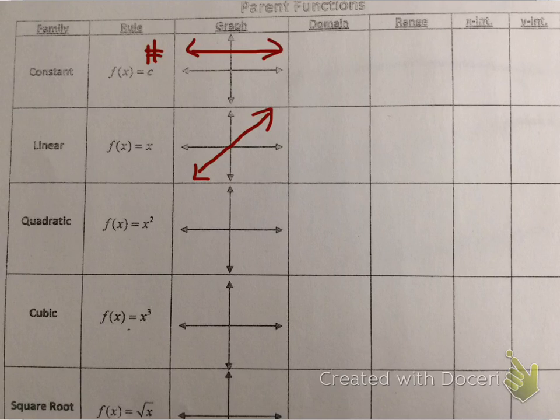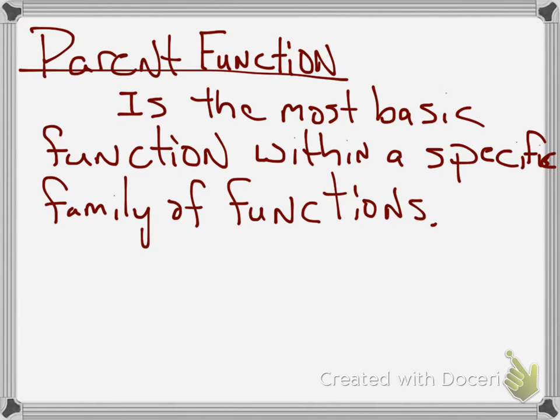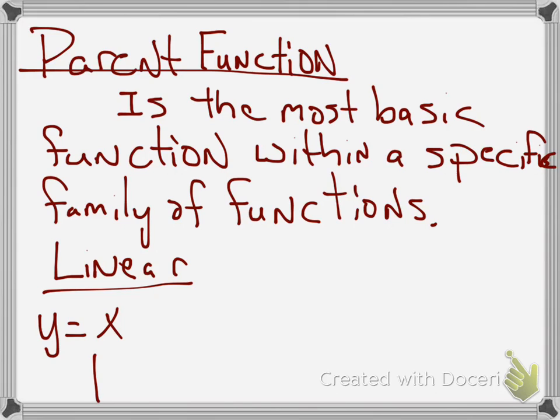Now what we say when we call a parent function, the parent function is the most basic function within a specific family of functions. So what I mean by that is if we look at linear functions, we know y equals x is your most basic one that goes through the origin at about a 45-degree angle.